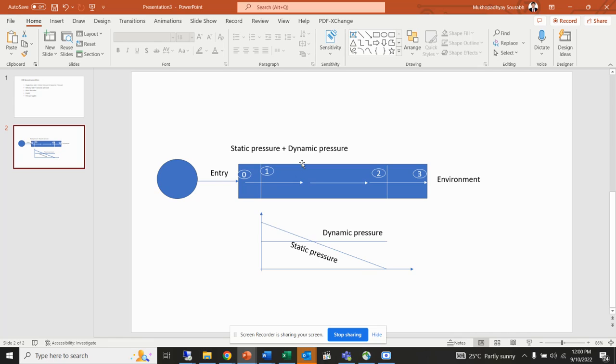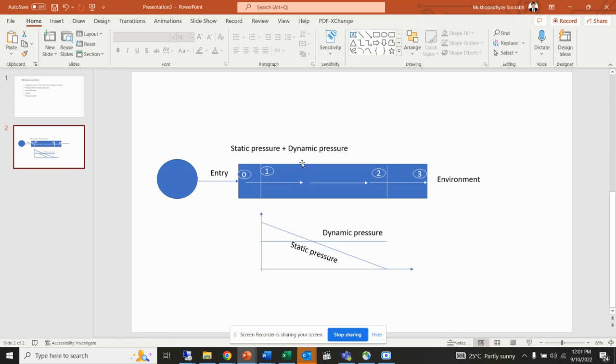Okay, so the static pressure at the outlet, suppose it is 5 pascal, and the system resistance in the entire system is maybe 2 pascal. So the static pressure at the inlet is 5 plus 2, 7, and the code evaluates that 7 pascal.